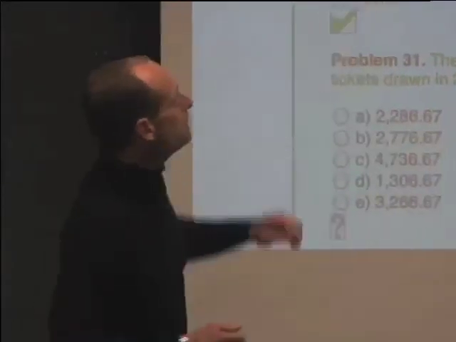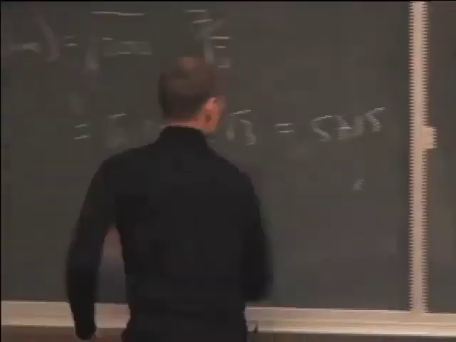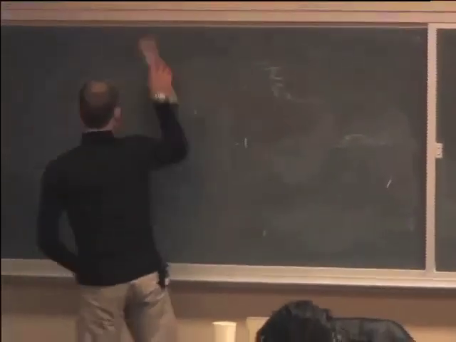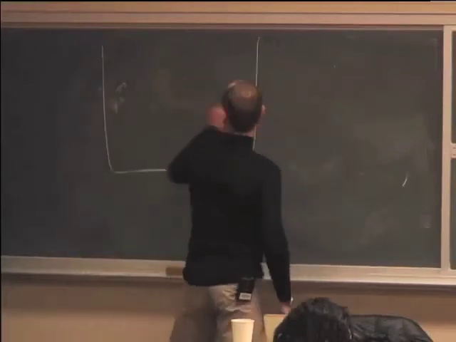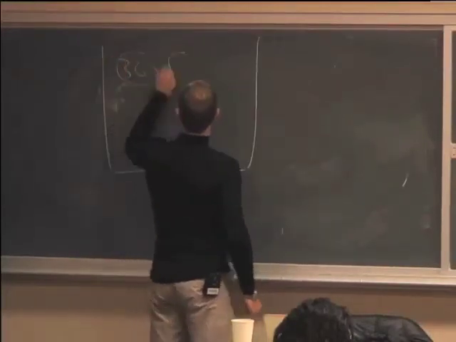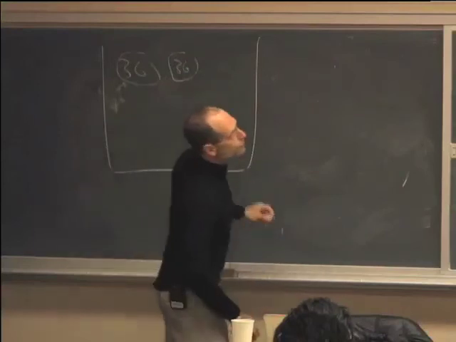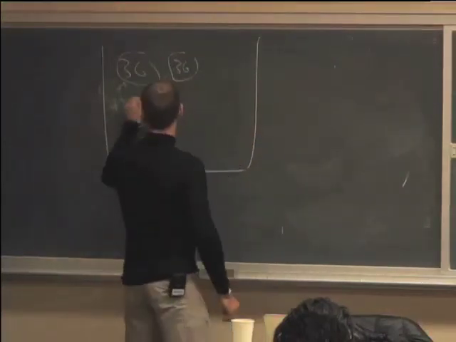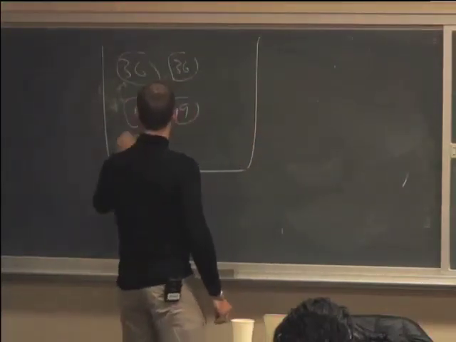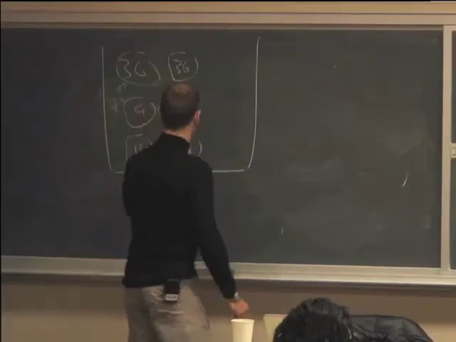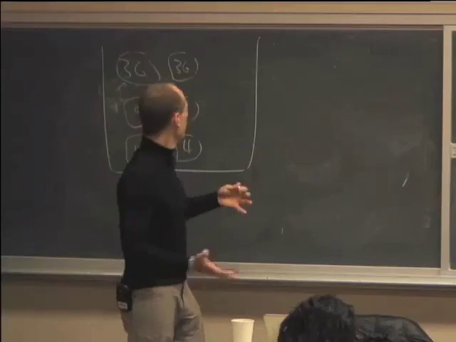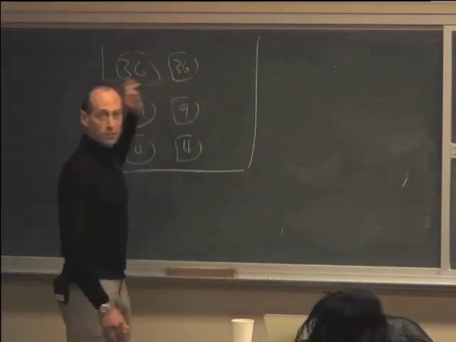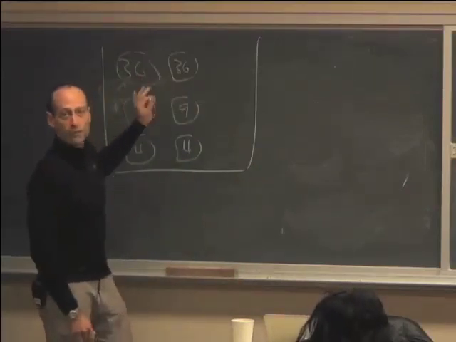So what would those be? We would have two tickets labeled 36, two tickets labeled 9, two tickets labeled 4, right? And so the expected value of the sum of 200 draws from the box would be 200 times the average of the box. Just take the average of this box.